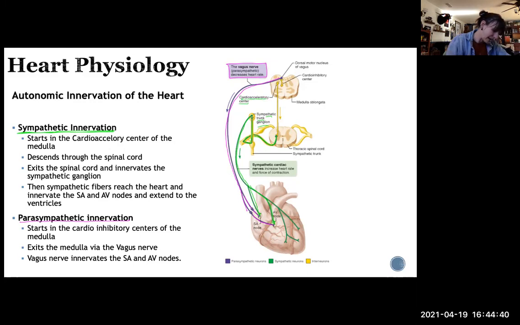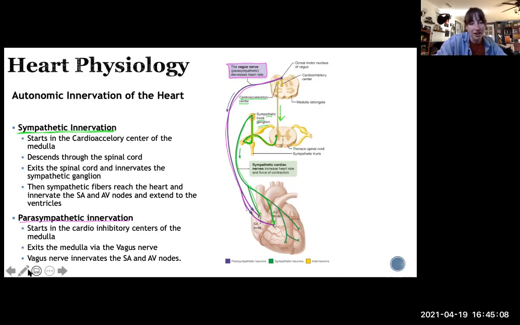Okay, that is the sympathetic nervous system. We are accelerating the heart using this part of the autonomic nervous system. It's descending through the spinal cord, exiting the spinal cord to the sympathetic trunk ganglion, and then the postganglionic sympathetic fibers go to the nodes, go to the heart.